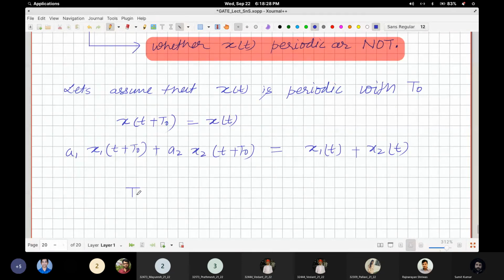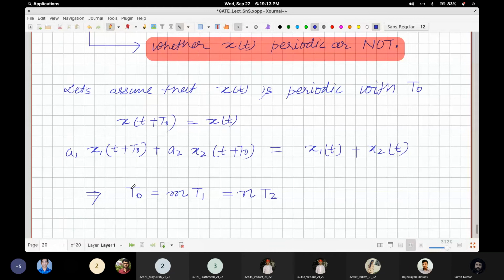It means that the T naught you are getting must be an integer multiple of T1, where m is just an integer, and it must also be an integer multiple of T2. If x(t) is periodic, then x1 is also periodic with T naught, and x2 is also periodic with T naught. When will x1 be periodic with T naught? When T naught is an integer multiple of T1. And x2 when T naught is an integer multiple of T2. Is this clear? Do you understand this?